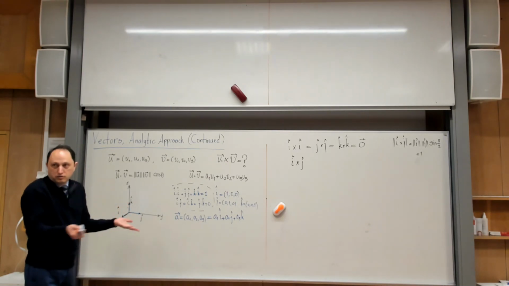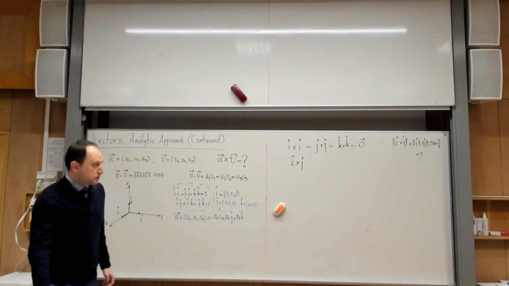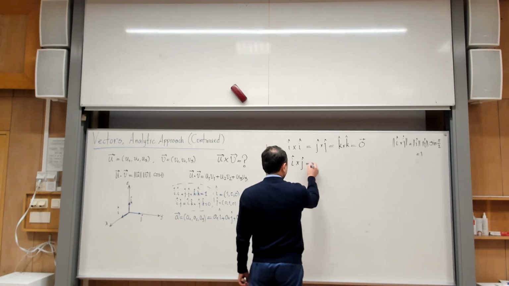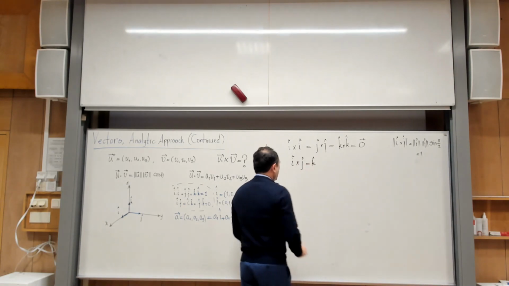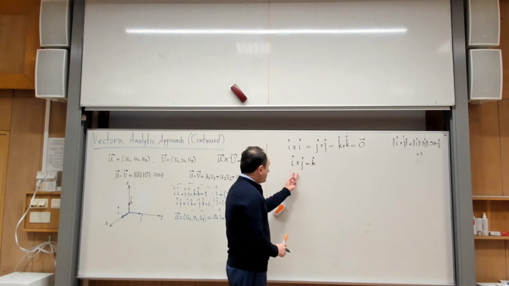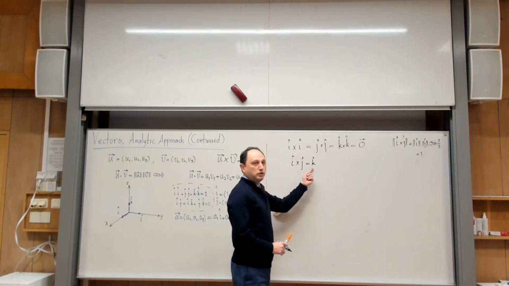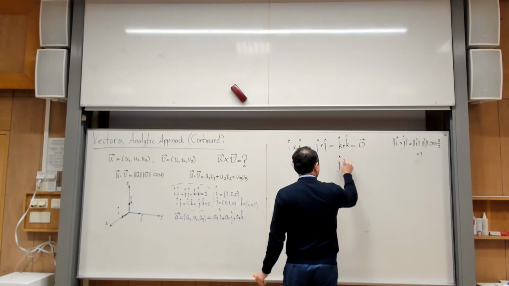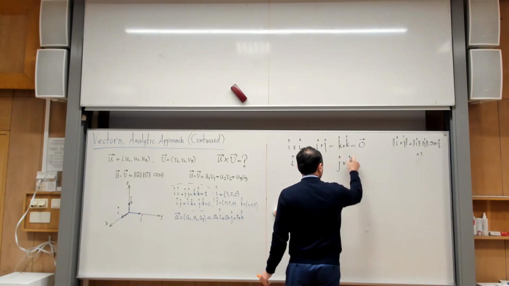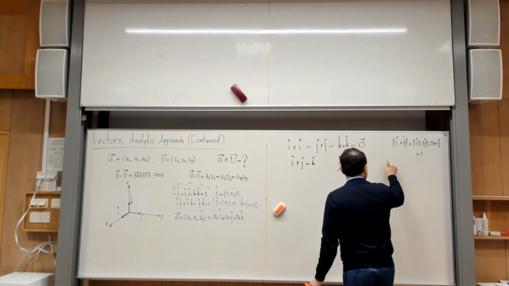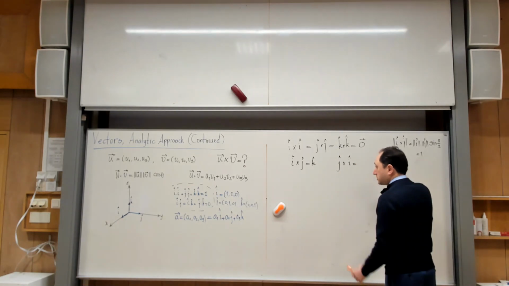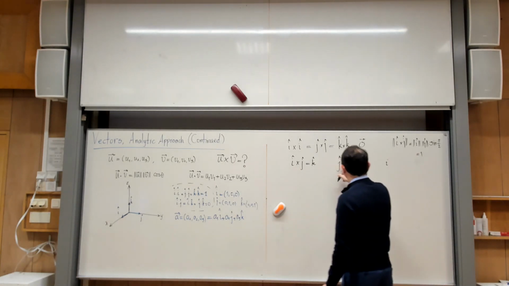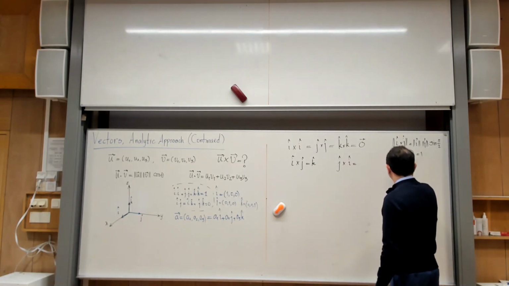So these two vectors are the same, which means i cross j is k. Of course, as Kevin mentioned, j cross i will be minus k. Can you imagine what will be j cross k and what will be k cross i?